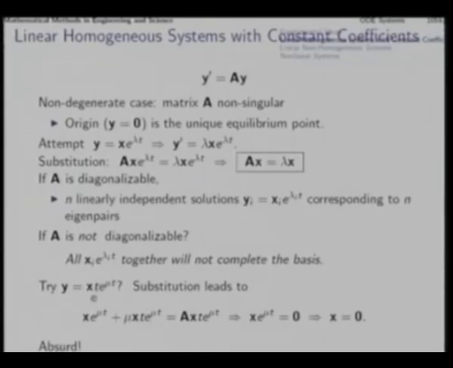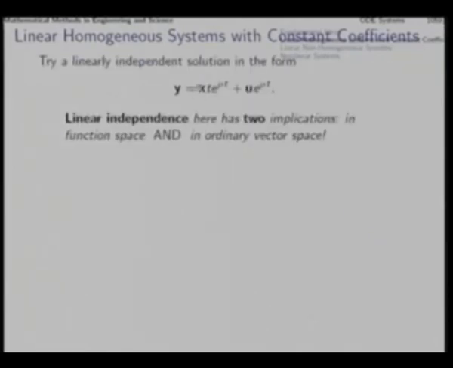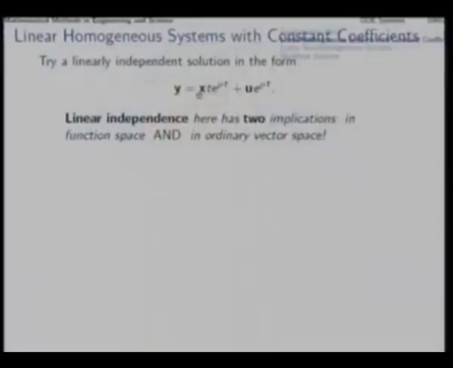So, therefore, in this kind of situation, to propose a really linearly independent solution, we need to make a proposal of this kind, where this t here caters to the linear independence in the function space, and this u, which is not proportional to x, will cater to the notion of linear independence in the ordinary vector space of x.